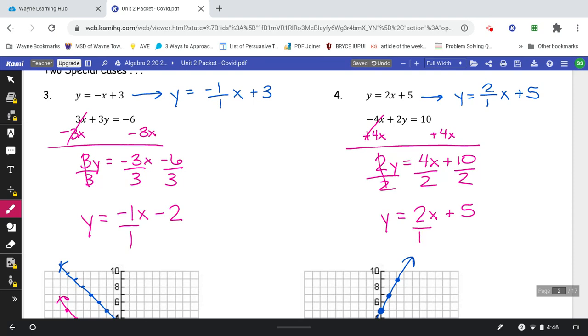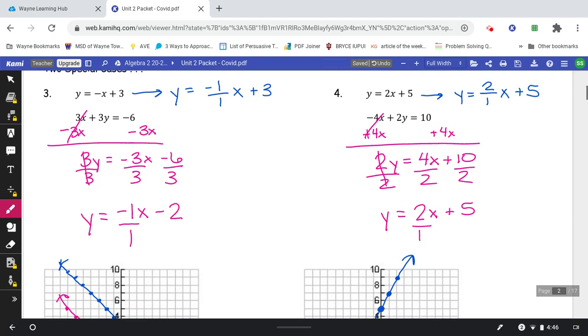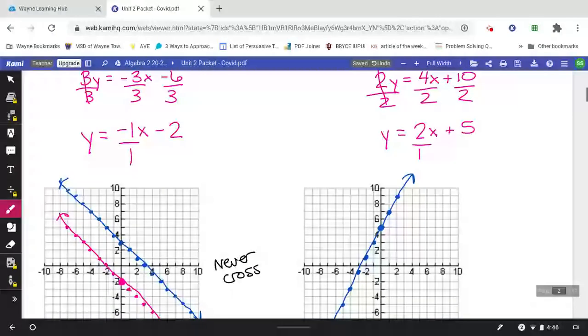Because we're graphing, I'm going to put 2 over 1. And I'm going to go to my graph. I'm going to go up 5 and put a dot. That's interesting. Then I'm going to go up 2 and over 1. Up 2 over 1, down 1, back 1, down 1, back 1.